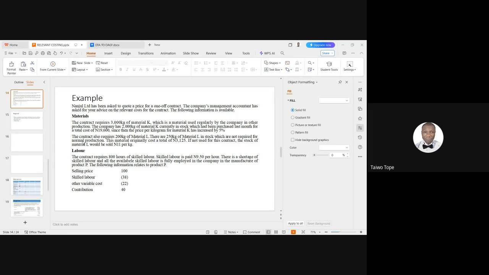They are engaged in producing another product, product P. The following information relates to product P. It means if all these people work in producing product P, we'll get a contribution of 40 naira. But this contribution is a function where we include skilled labor and other variable costs and deduct them from our selling price.